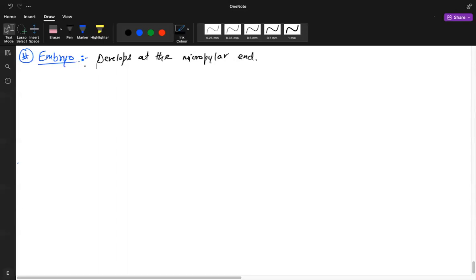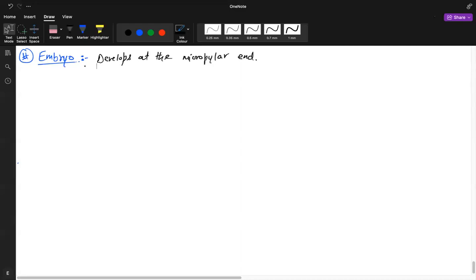The zygote, after it is formed by the fusion of the egg cell and the male nuclei, does not divide. Unlike in an animal system or in a human, where the moment it becomes a zygote, it starts dividing to form two cells and so on. So it does not divide. It waits till the endosperm is formed to some extent. It also does not wait for the endosperm to form completely.